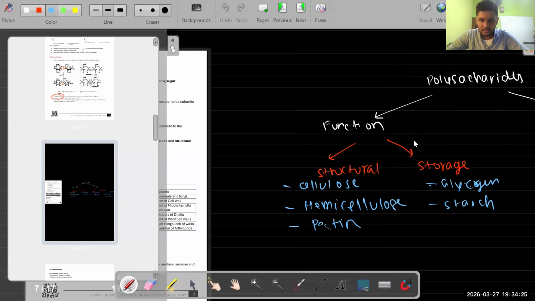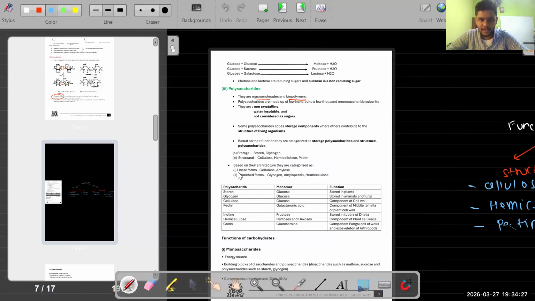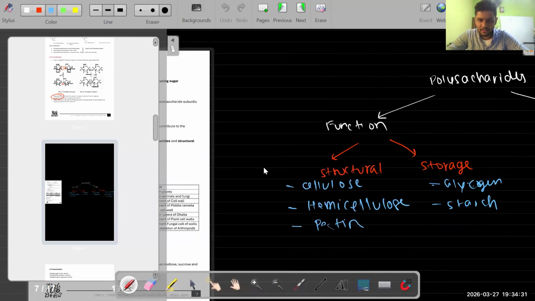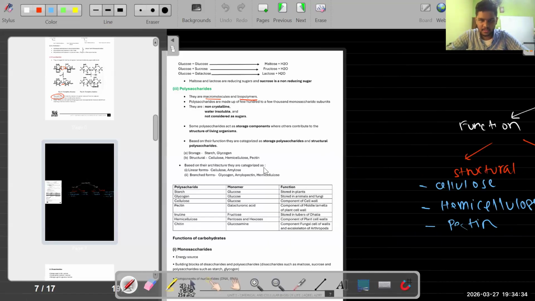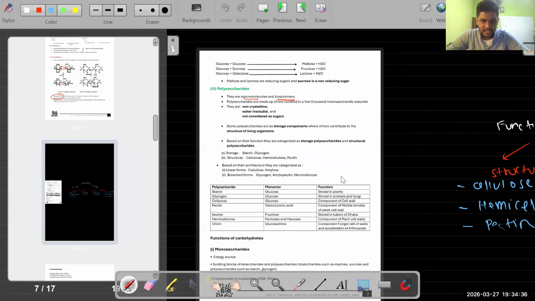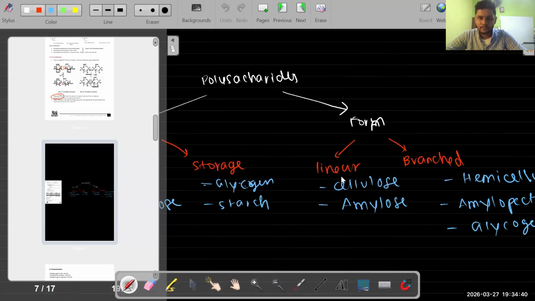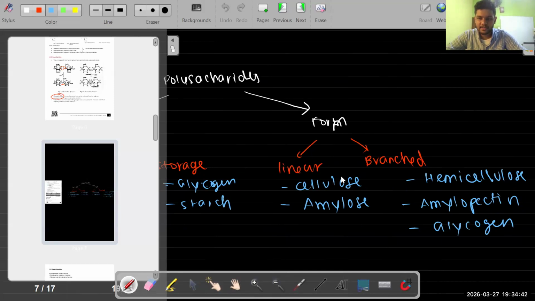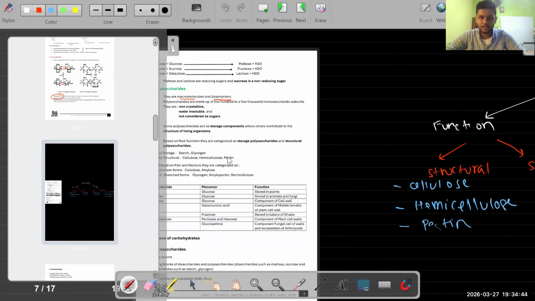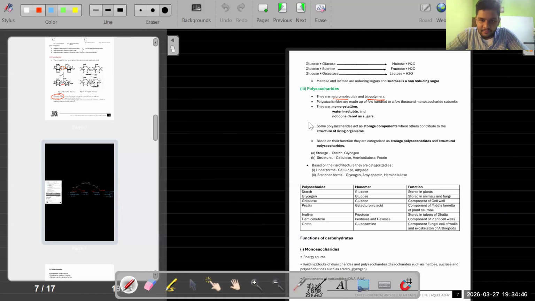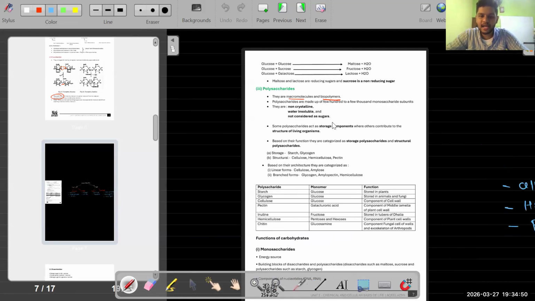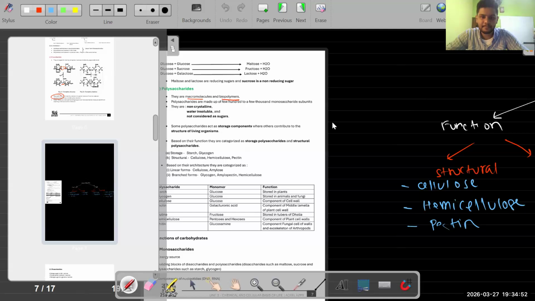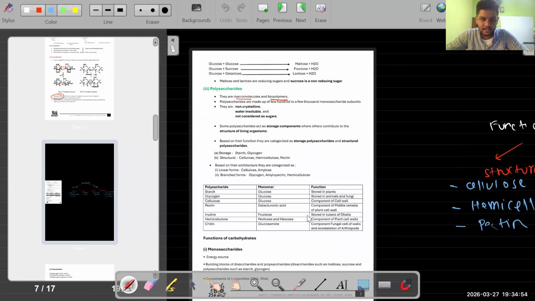Based on architecture, they are categorized into linear forms, for example cellulose and amylose, and branched forms: glycogen, amylopectin, hemicellulose. Here they are given in three different points; I have given it simply in a diagram. That is the difference.